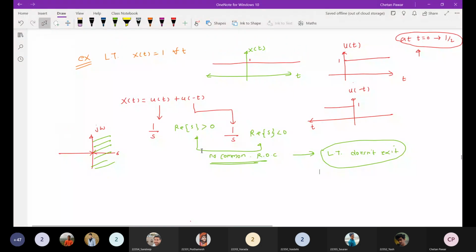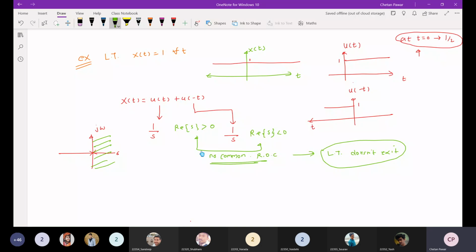Sir, can you repeat it once? Okay. Now this x of t is a combination of two signals, u of t and u of minus t. u of t is a right-handed signal and u of minus t is a left-sided signal.